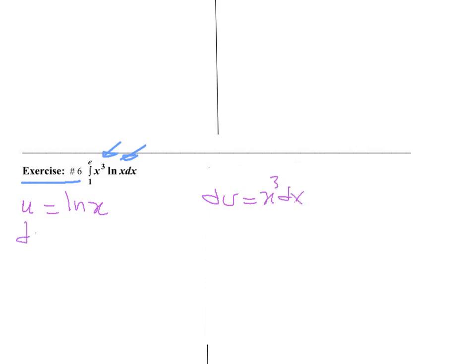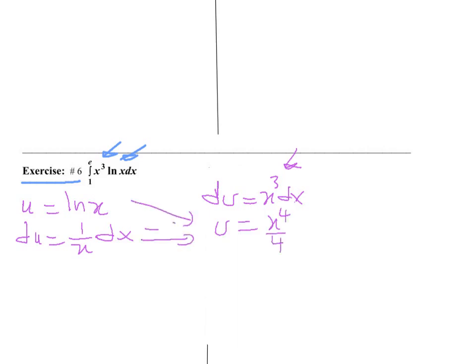So du is 1 divided by x dx. So dv here cannot be taken as ln x, because you cannot integrate ln x. Anyway, ln x can be integrated only by parts, as we are going to see later on. So whenever we have ln with an x, then ln has to be taken as u. So v here is equal to x to the power 4 divided by 4.